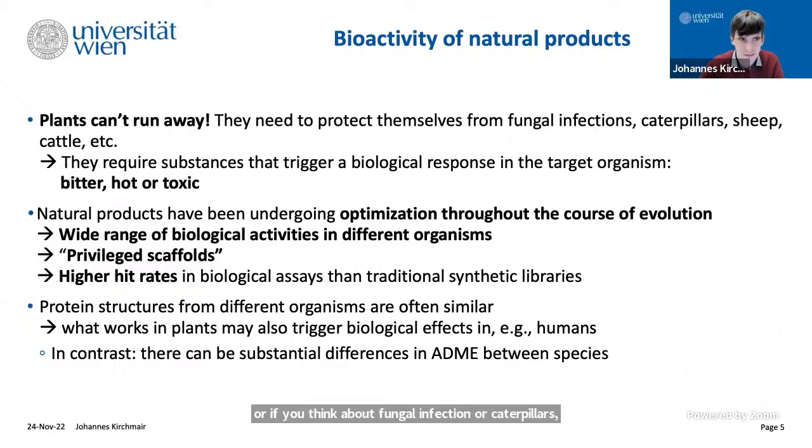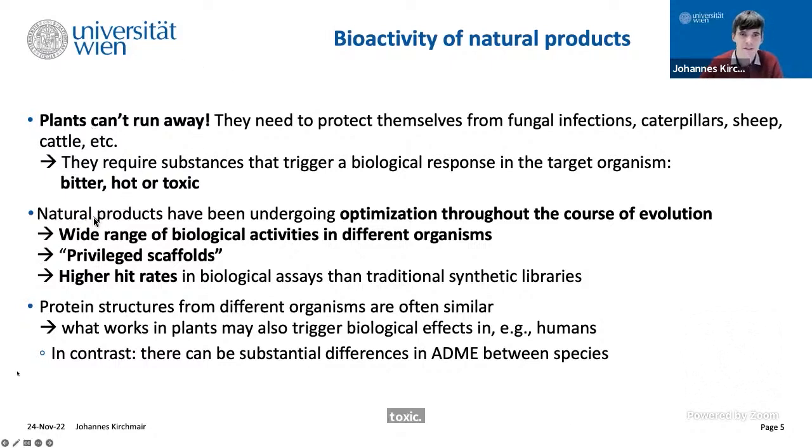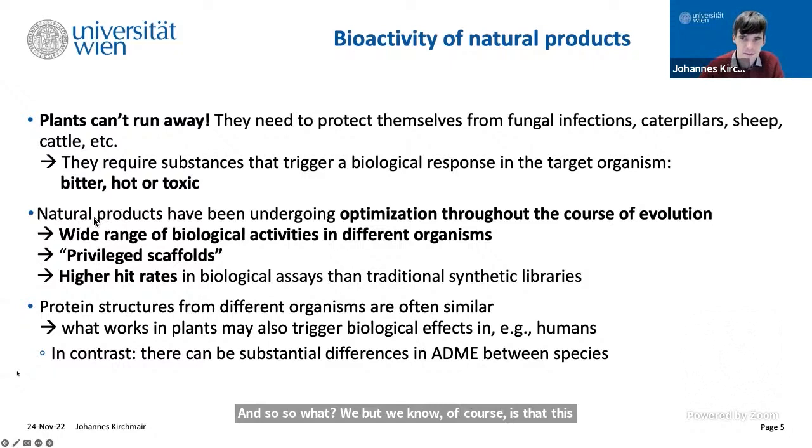So these plants, in order to protect their leaves from being eaten, need to have some toxic flavor or taste hot or bitter, or they need to actually be toxic.